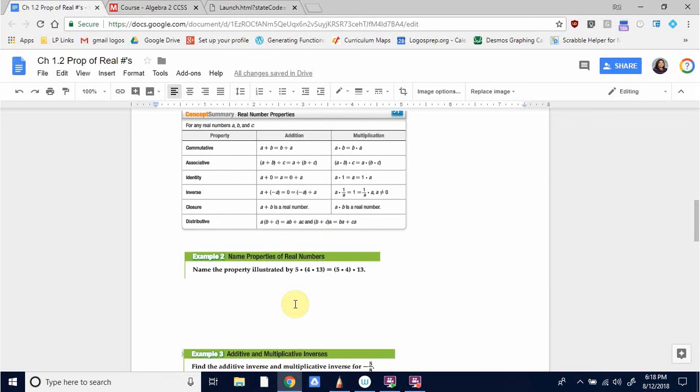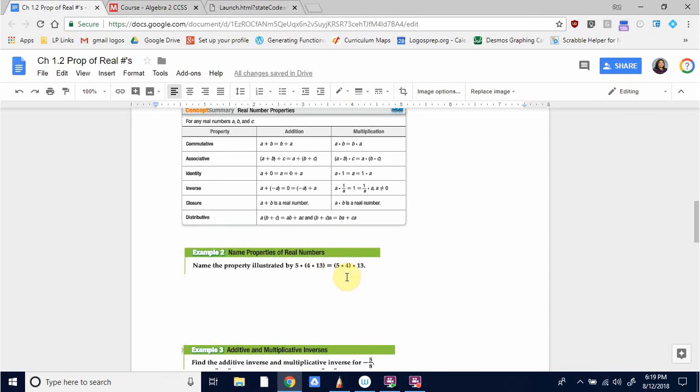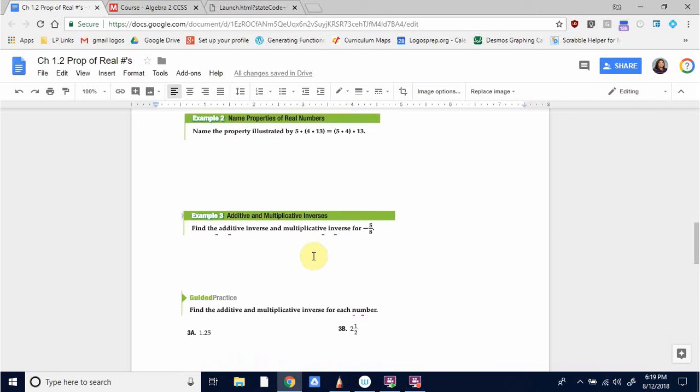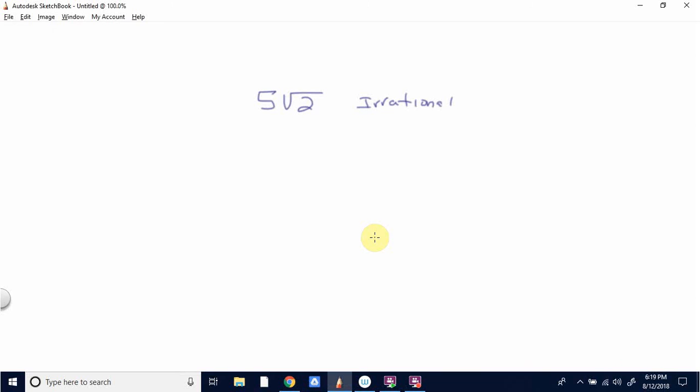So let's look at Example 2. They want us to name the property illustrated. Well, what have they just done? It's multiplication, and they've just simply regrouped it. So this would be the associative property of multiplication. What about Example 3? They want the additive inverse and multiplicative inverse. So it's negative 5/8. You want its opposite.